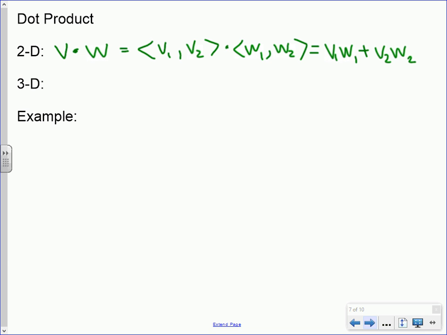Okay. So if we're talking about v dot w in 3 dimensions, what's going to change? Really nothing. We're just going to add one more component.